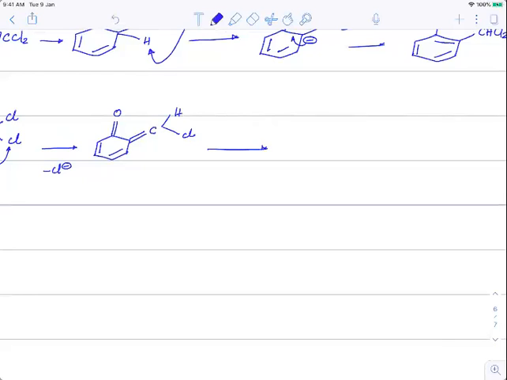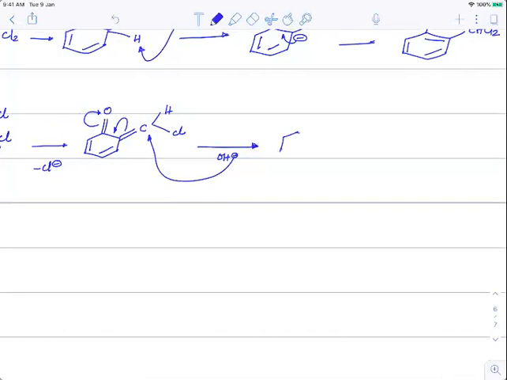Now, as soon as this is done, OH minus as a nucleophile, as a reagent, would attack this carbon, because again it will try to retain the aromaticity. So what do we have here now?